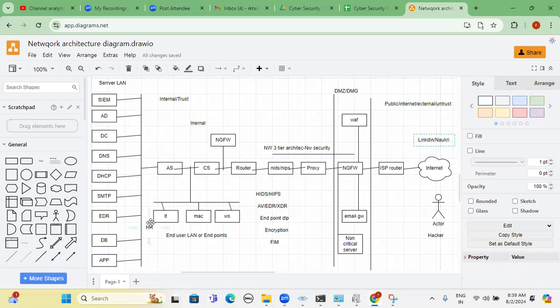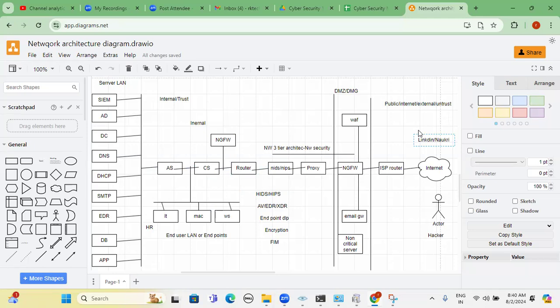Now, when the HR person tries to access LinkedIn or Naukri, how does the traffic flow? First it will go to the access switch. From the access switch, it will go to the DNS server for DNS resolution. Then it will come back to the core switch. Then it will go to the layer 3 switch. Then it will go to network IDS, network IPS. In the similar way, proxy, next generation firewall, and finally the public internet where the end user applied for the job. So now the traffic is going away from HR, our internal zone, to the untrust or internet zone.